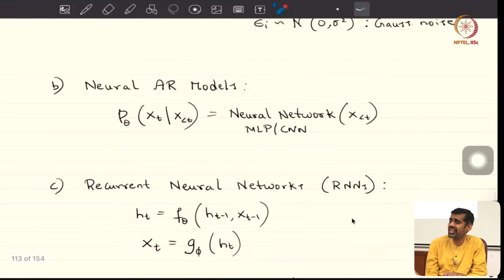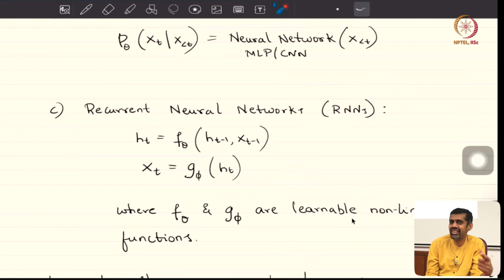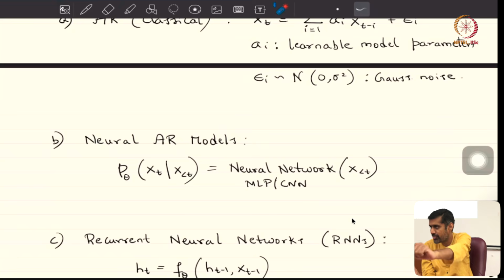Then people said that using an MLP for this is not a great idea, because the sequentiality is totally lost. If you express all tokens before t as random variables and as vectors and just stack them all together and give it as an input to an MLP, the idea of sequentiality is lost, because the MLP does not implicitly have this idea of sequentiality.